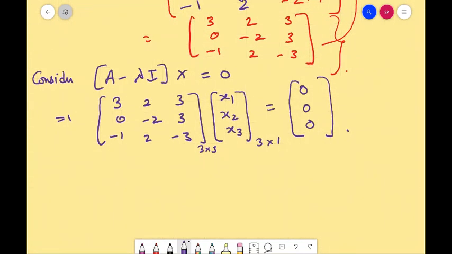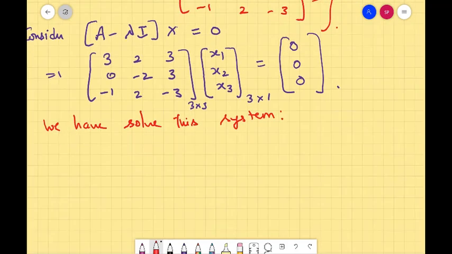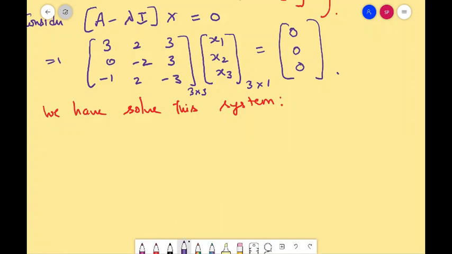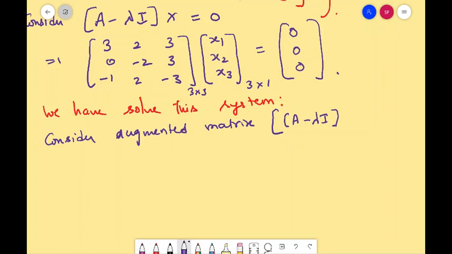So we have to solve this system of equations. How do we solve a system of equations? Consider the augmented matrix, A minus lambda I with 0.